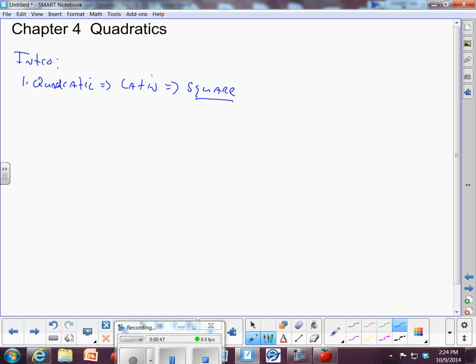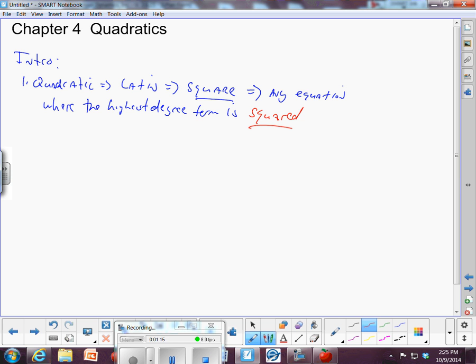And for us in math, quadratic is any equation where the highest degree term is squared. All right, so that's the idea of quadratic.